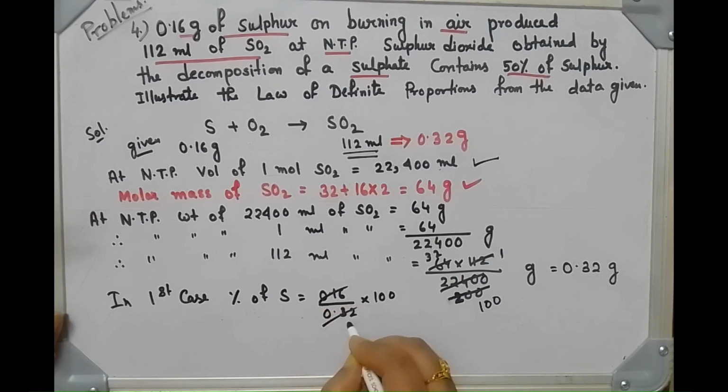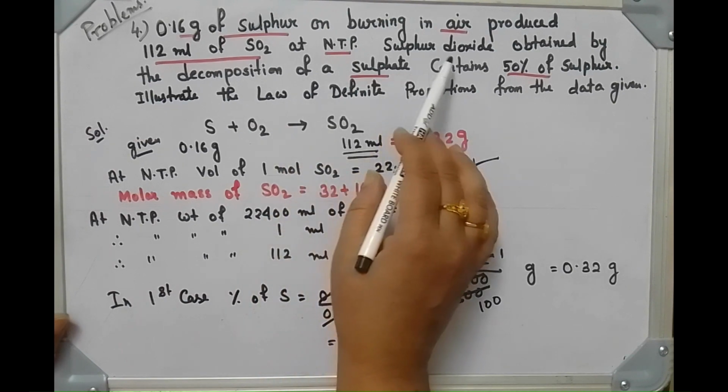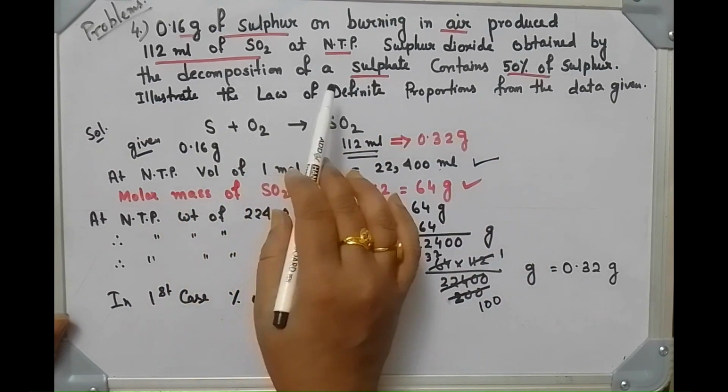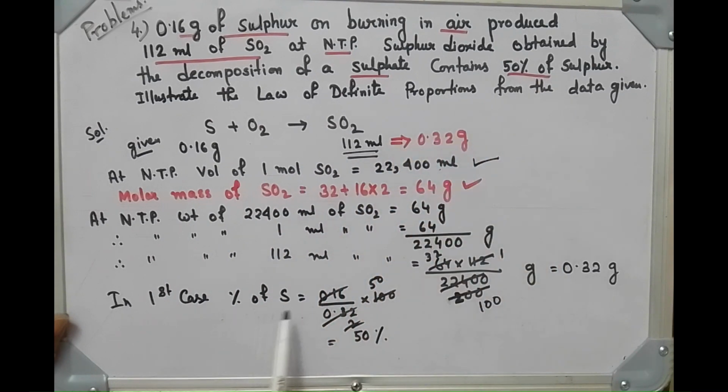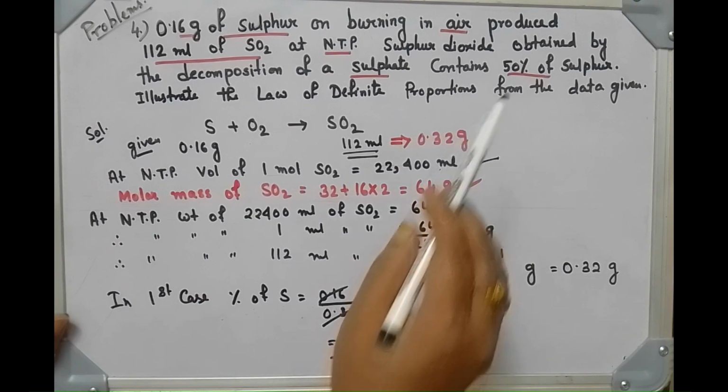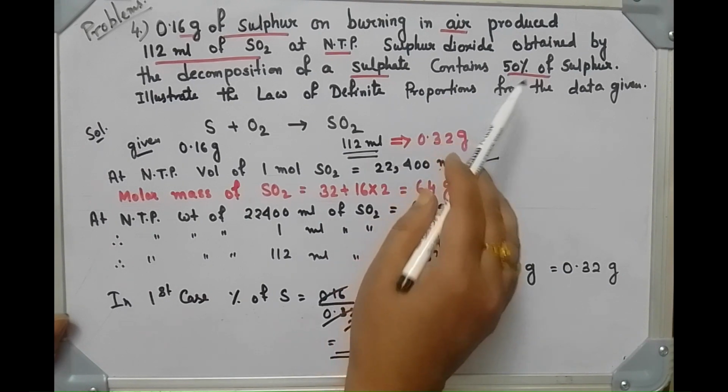So we are getting 50%. And if sulfur is present in 50% amount, then oxygen is also present in 50% amount. And in the second experiment, sulfur dioxide obtained by the decomposition of sulfate contains 50% of sulfur. Here also the percentage is 50%.